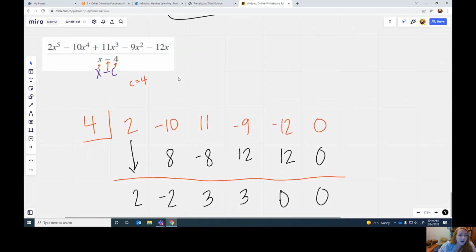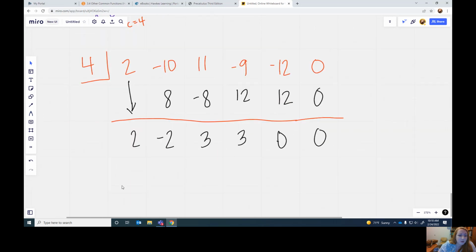This was degree 5, so that means our quotient or our solution is going to be degree 4. All right, so that's going to be x to the fourth minus 2x to the third plus 3x squared plus 3x plus 0 plus our remainder. Of course, we write that over our divisor, which was x minus 4, I believe.